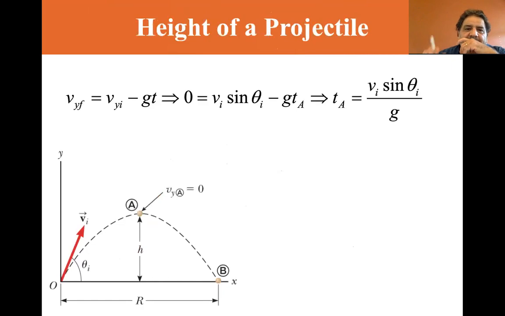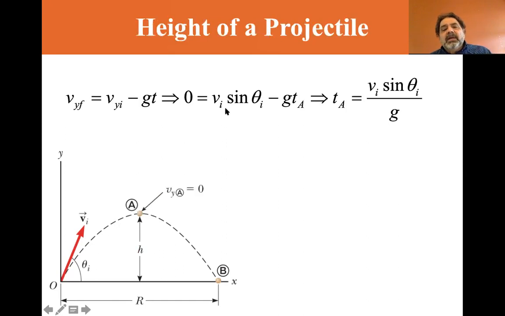Okay, we know that Vy final equals Vy initial minus GT. And we want to know at what point the Vy final is zero. When it goes up to its peak, the Vy starts off initially, it decreases because of gravitational acceleration, and at the peak, it's zero. Well, we make Vy final zero.